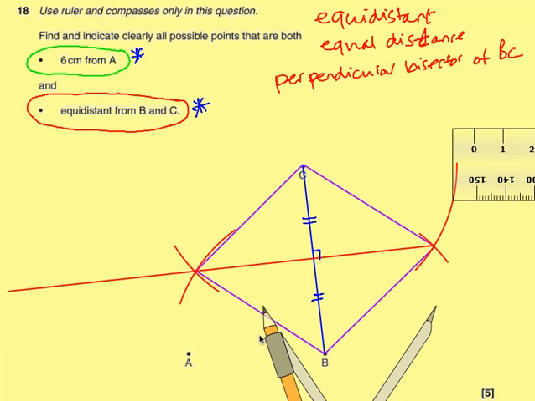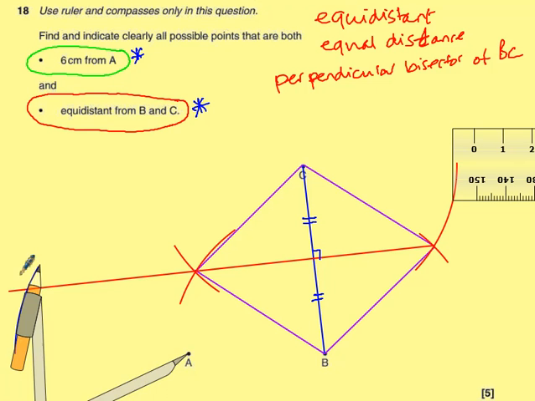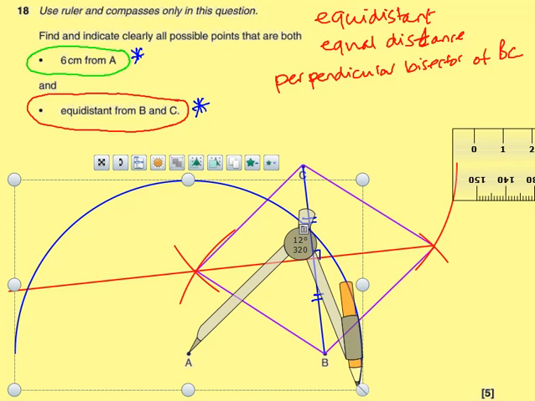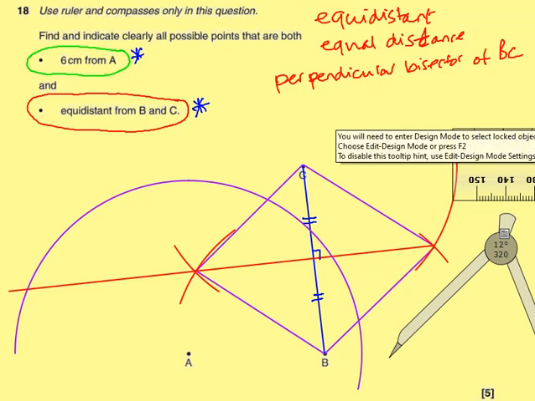To move my ruler out of the way, I'm going to move my compass to point A, and we're now going to draw in a line, the green line that is 6 centimetres from point A. So I've now joined a compass arc, it's actually shown in blue, that is 6 centimetres from A. So where the green line and the red line meet are the 2 points that satisfy both conditions.